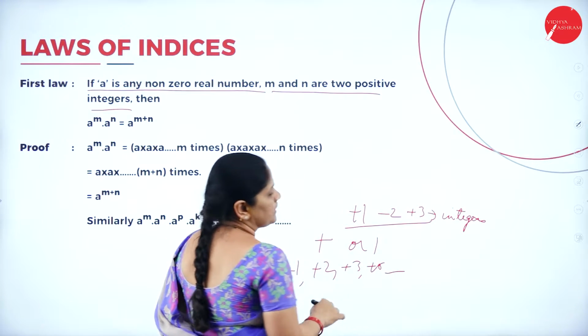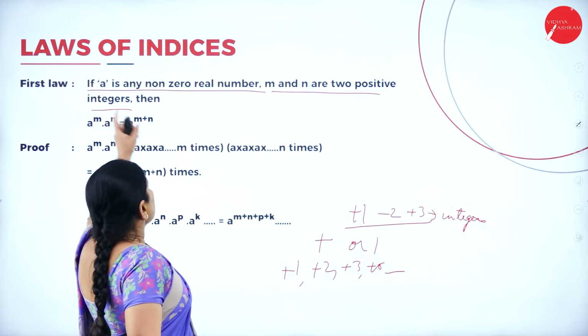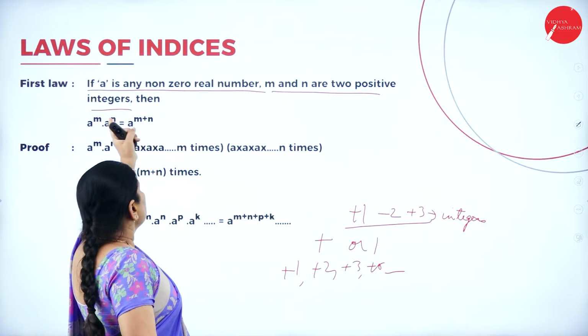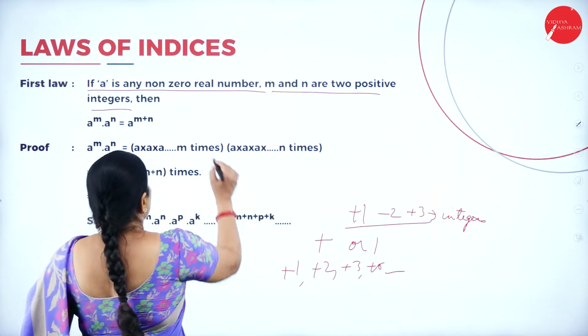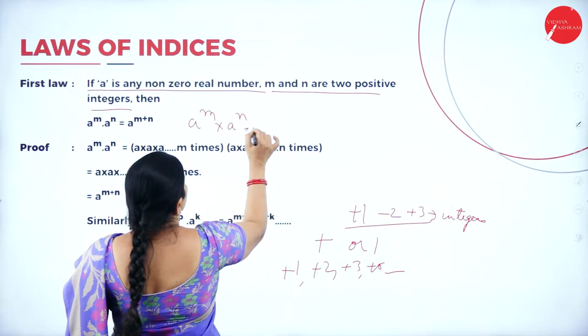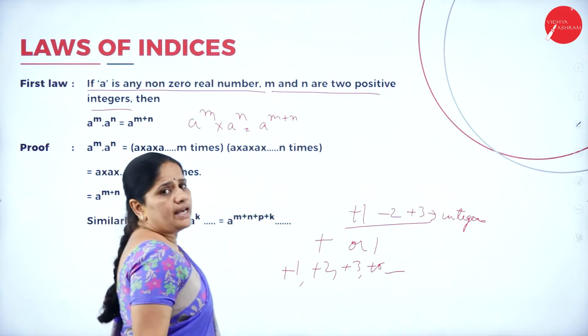Any such number is called a positive integer. Now, if a is any non-zero real number and m and n are two positive integers, then a to the power of m into a to the power of n equals a to the power of m plus n.